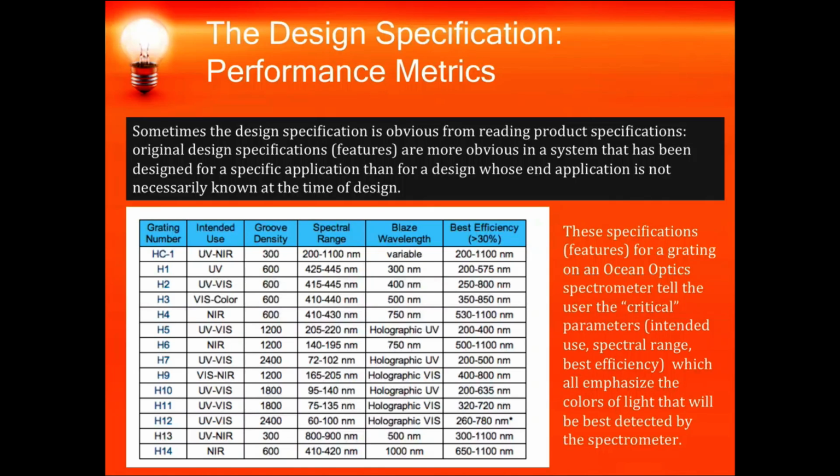In this case, since the whole purpose of the spectrometer is to detect color of light, it is likely that the designers cited a specific spectral or color range when generating the design specification for this line of spectrometers. In this way, product specifications give us an idea of the types of performance metrics we may choose to include in a design specification, both the nature of that metric as well as the units associated with the metric.